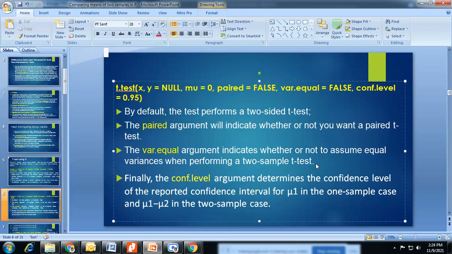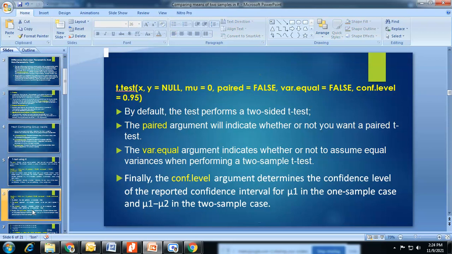Your confidence level can be 0.95, that is 95%, or 97%, or 90%, depending on how much accuracy you want in your data and the accuracy of the test. Researchers normally define the confidence level as 95%. So that is how we write the syntax of the t-test.